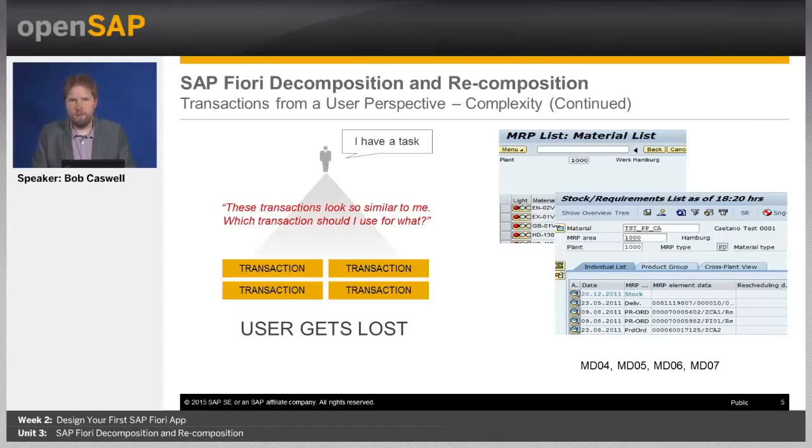We like to refer to them as MD04, 05, 06, and 07. They're all transactions that look quite the same with only slight differences. In the end, the user task behind each transaction is pretty much the same. It's basically, I want to understand my stock situation, identify the exceptions, and react on them.